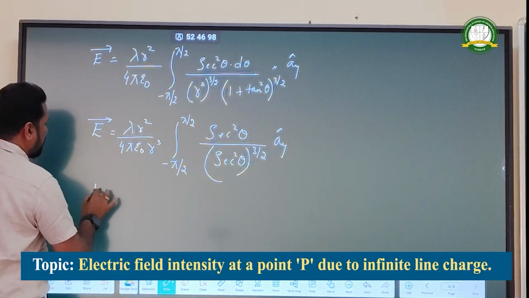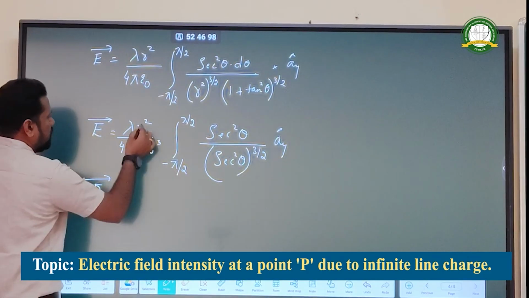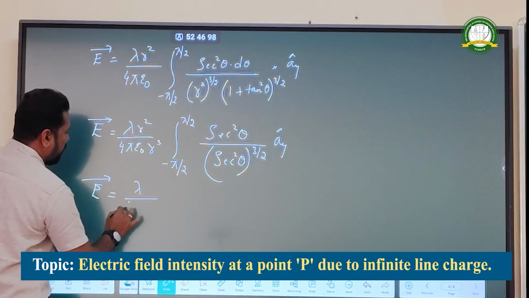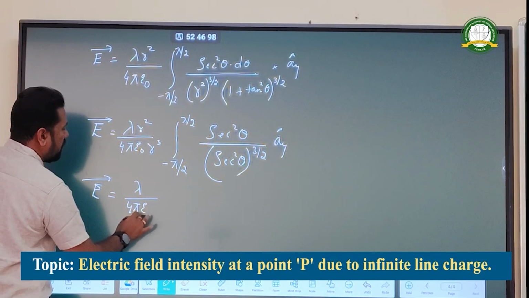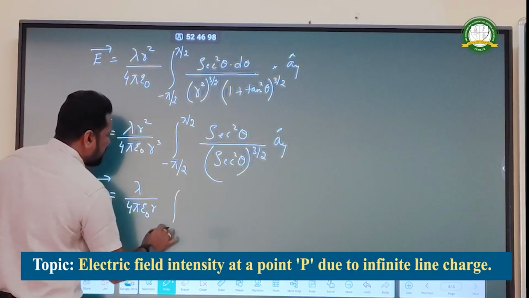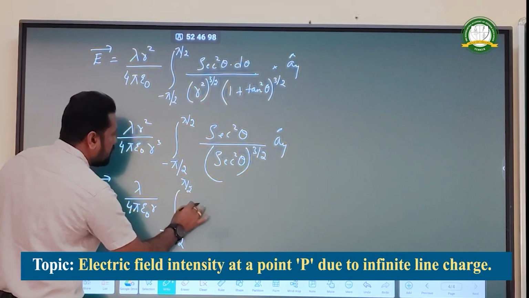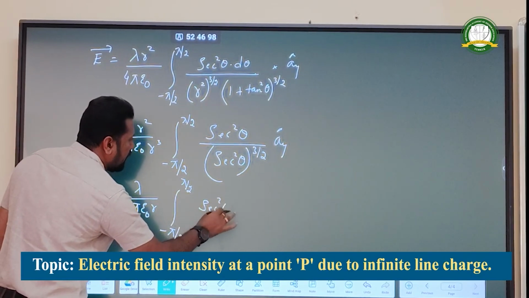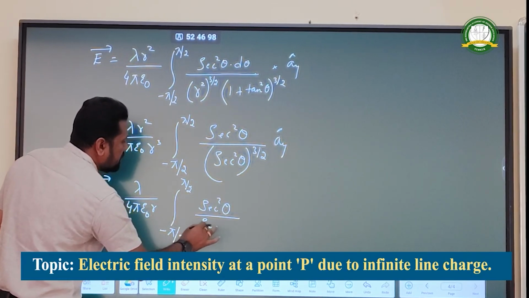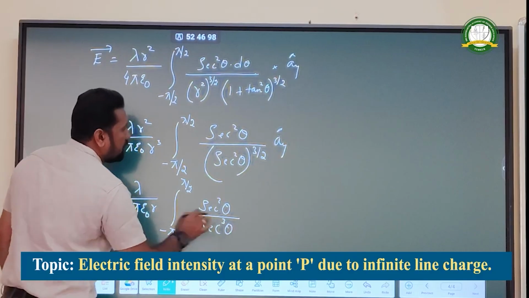So E vector is equal to lambda divided by 4 pi epsilon naught r, integration from minus pi by 2 to pi by 2 secant square theta divided by secant cube theta.